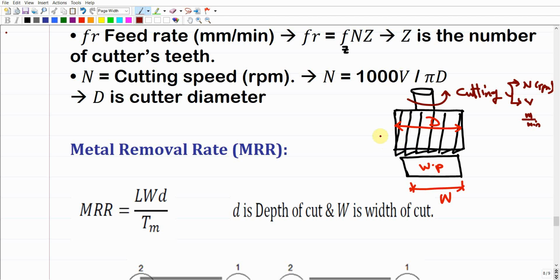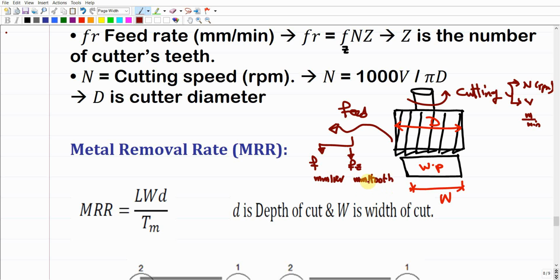And in the meanwhile, it will keep milling over the surface, like sweeping over the surface. It's gonna keep moving over the surface of the work part. So the movement of the cutter is gonna be the feed motion, which would be defined here as either F in terms of millimeter per revolution, or FZ in terms of millimeter per tooth.